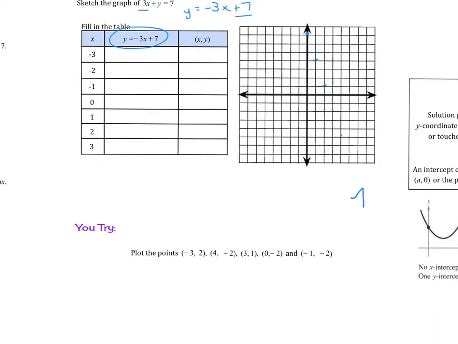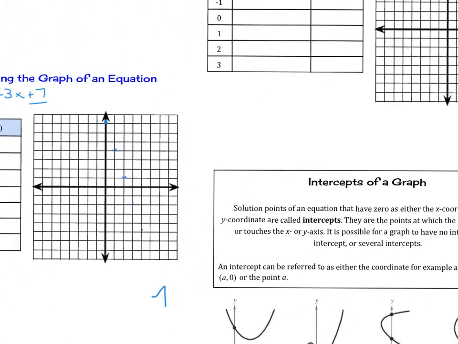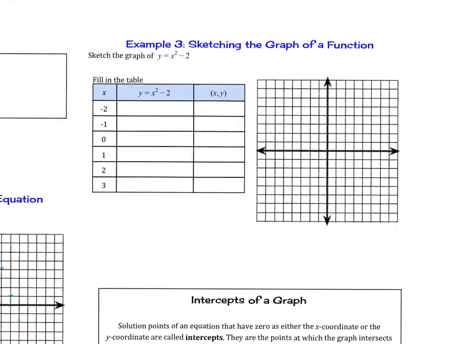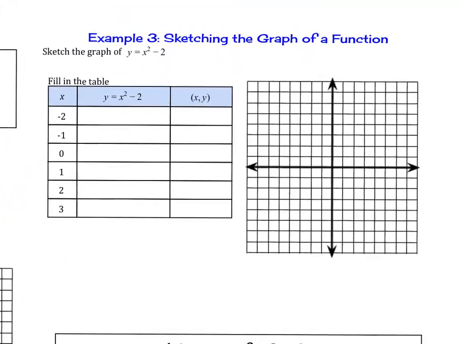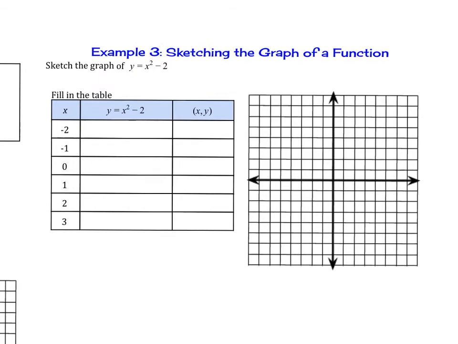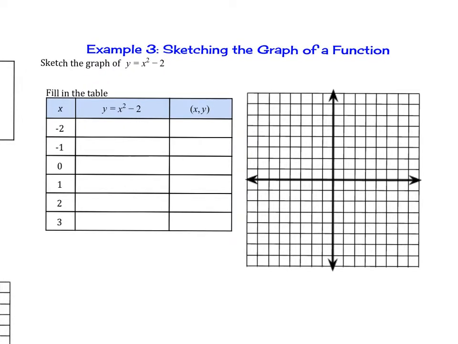So the next thing, let's go ahead and try example 3, sketch the graph of this function. You could also plug in values in here. So let's go ahead and try that. So -2 squared minus 2. So -2 squared, that's a +4 minus 2. So therefore that is a 2. So this is -2 and then +2.